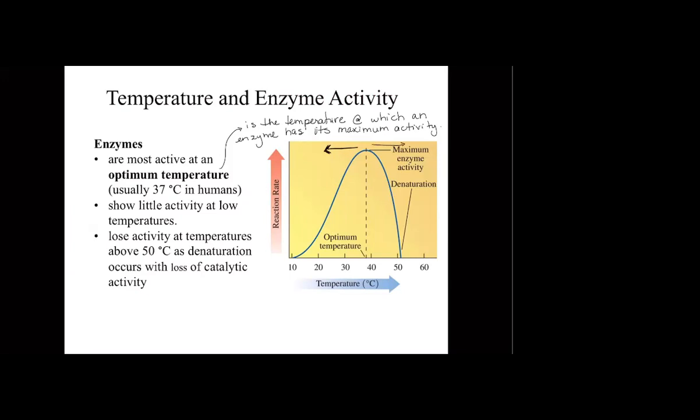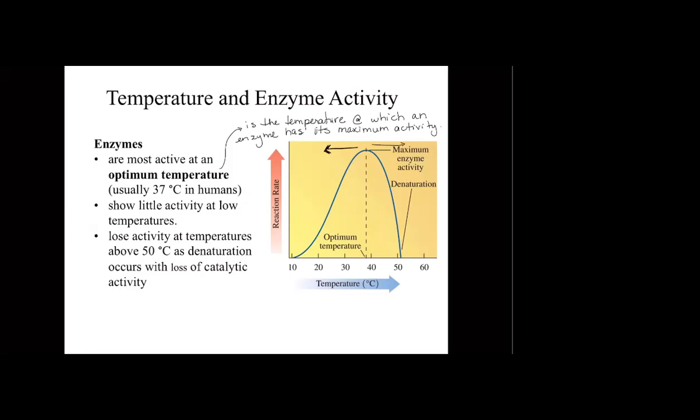So understand that it is important to note that you have an optimum temperature in order for your enzymes to be active, and deviations either cold or hot will affect enzyme activity, but it is a little bit different in terms of why. When you lower the temperature, there's lower activity, and when you increase the temperature, there's also lowered activity.